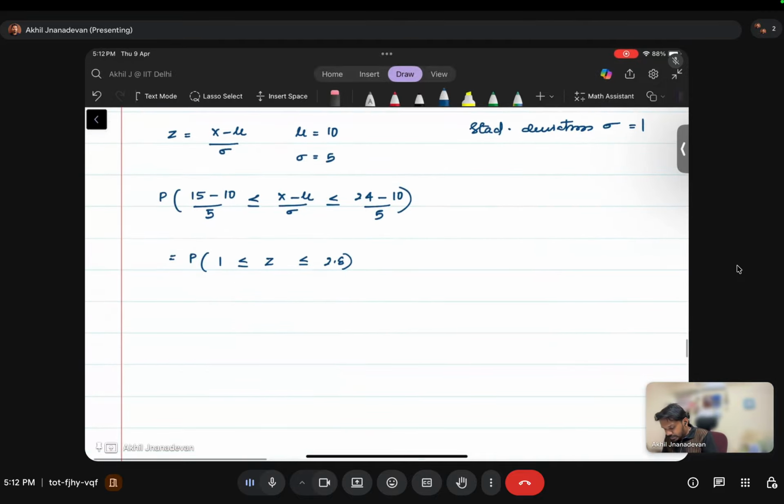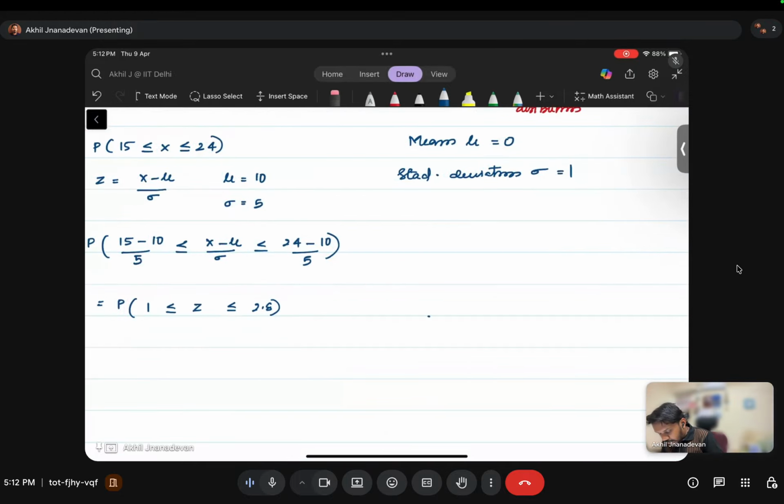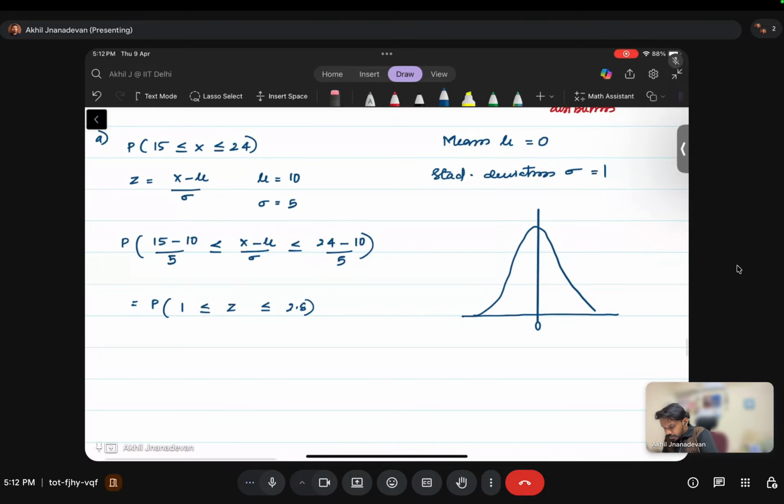So if I draw the standard normal curve, this will be 0, it is symmetric about 0. It is the probability between z equal to 1 and 2.8.